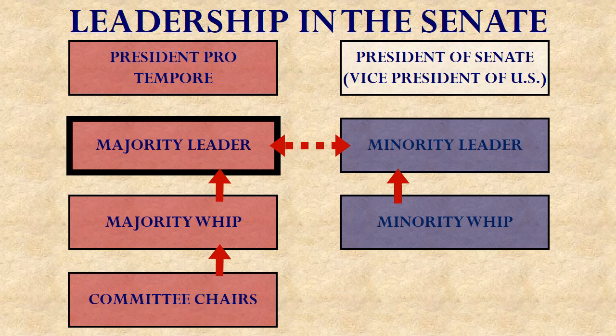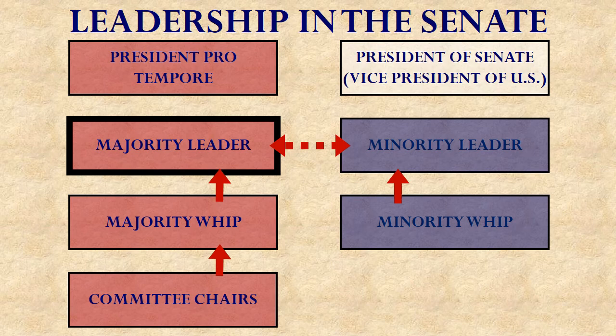But because the rules in the Senate are different, rules that I'll explain in a later lesson when I talk about how the Senate actually functions, the minority leader has some real power in the Senate. The majority leader has to actually care what the minority leader thinks. That's why I have the arrow go both directions here, showing that these two people really interact and have to deal with each other, even if they don't like to.